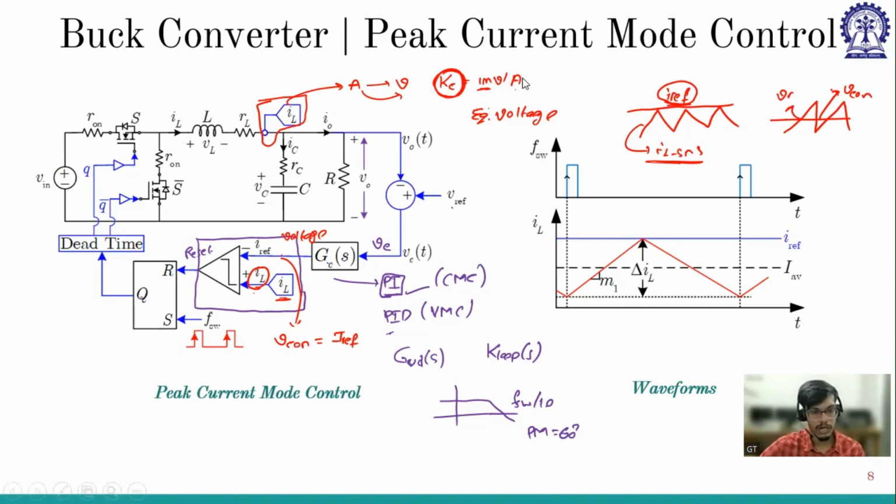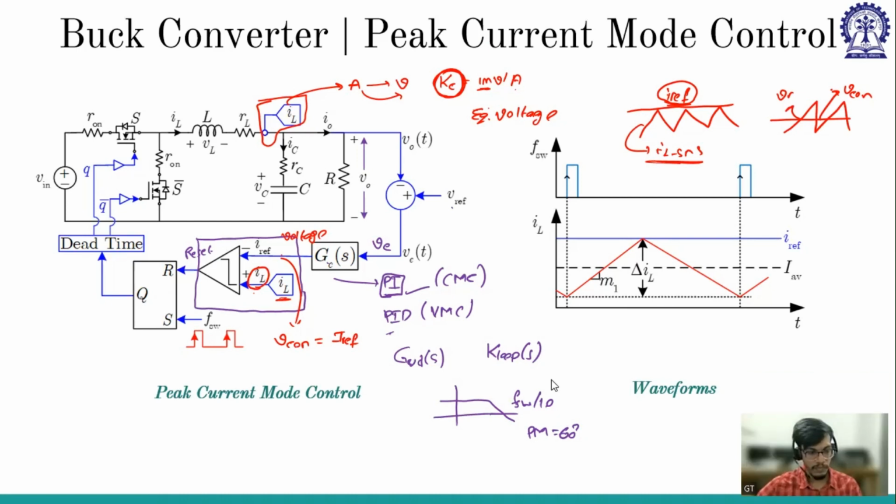Now, if you consider valley current mode control, it is also the same thing, except here it will change. Instead of plus, we'll have minus, and instead of minus, we'll have plus. So in going from peak current mode control to valley current mode control, what will change? The comparator will change.